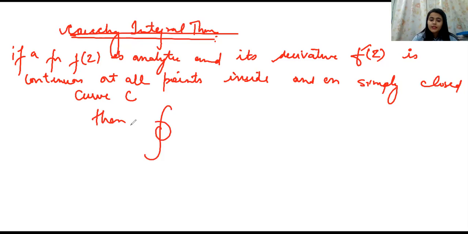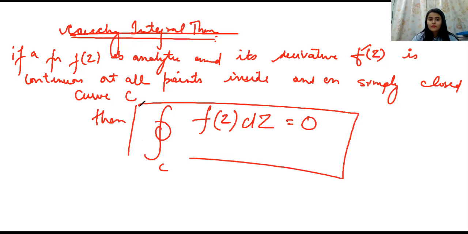Then it says that the integration of f(z) dz equals 0. That will be our Cauchy integral theorem. Clear? So now this is our Cauchy integral theorem. Now by Cauchy integral theorem we have some formulas that are known as Cauchy integral formula. And what will be these formulas? Now let's see.